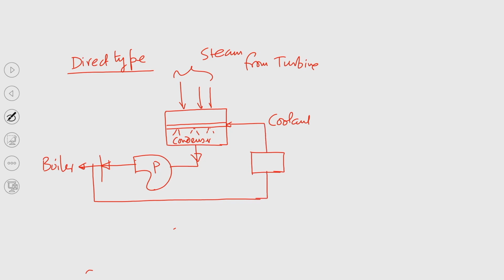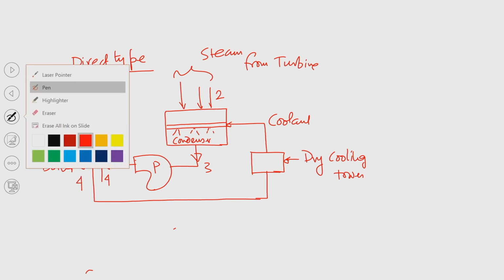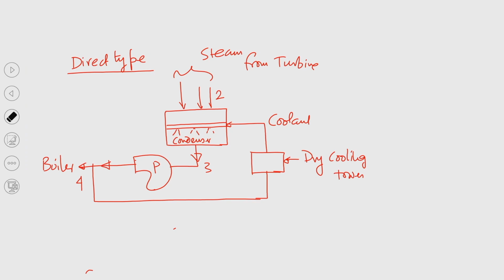So, this is known as the dry cooling tower. Okay. So, now see, if this is 2, this is 3, sorry, this is 4, and this is 5.